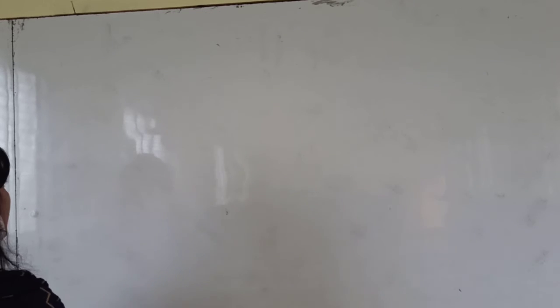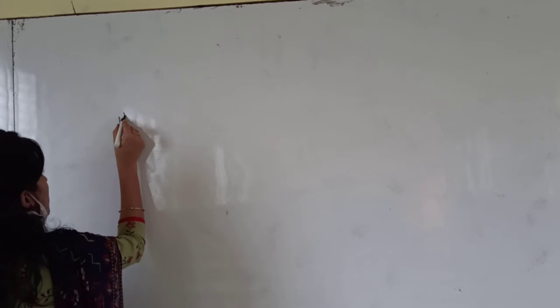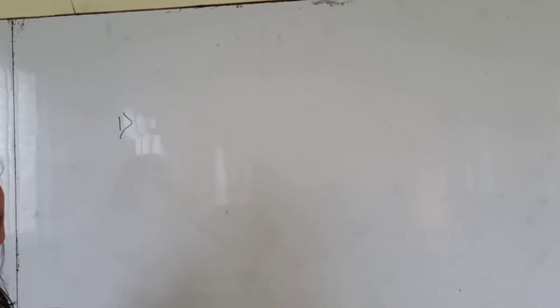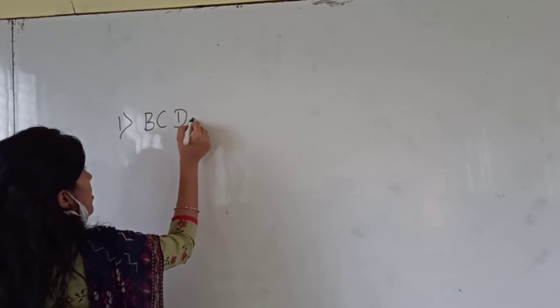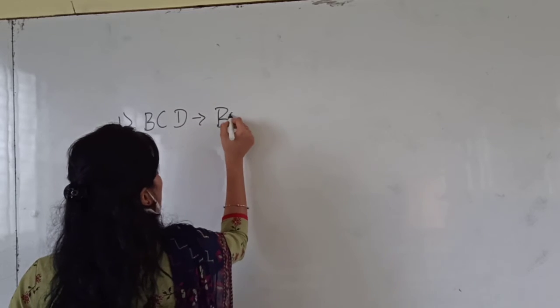First one, BCD code. BCD code stands for binary coded decimal. BCD is the first method of showing data representation in a computer system.